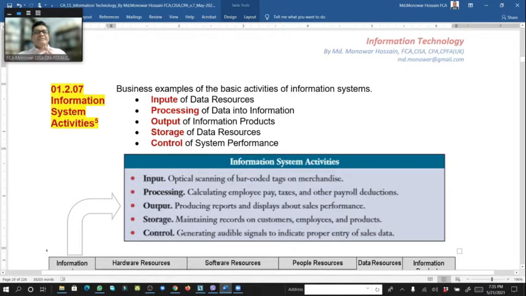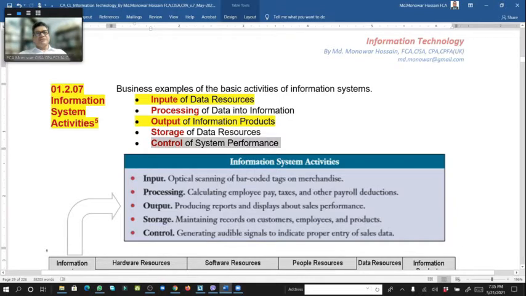So, business examples of the basic activities of information system are: input of data resource, processing of data into information, output of information product, storage of data resource, and control of system performance.